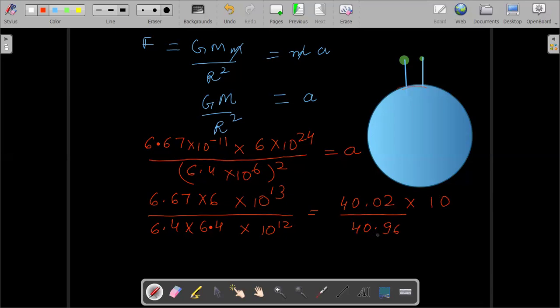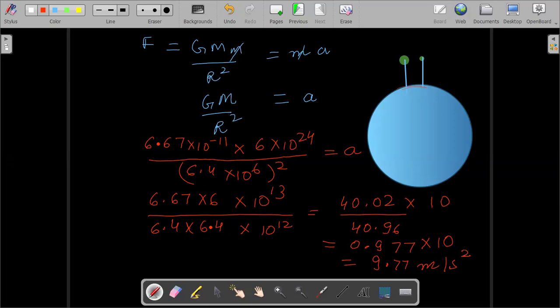Now if I divide 40.02 by 40.96, this comes out to be 0.977 times 10, which can be written as 9.77 meter per second square.